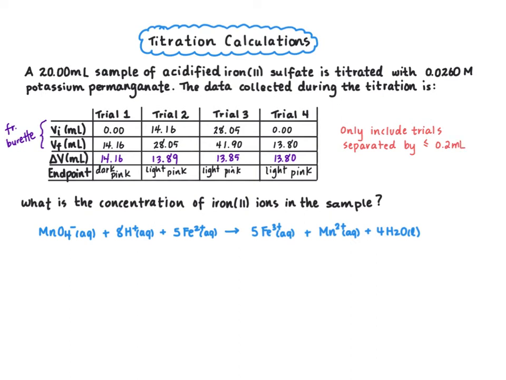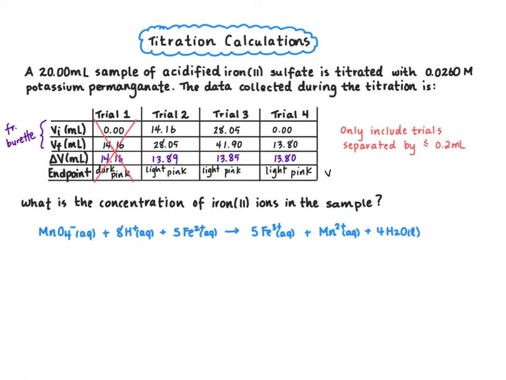So if we look at our data here, these three trials are all within 0.2. They're actually all within 0.09. This first trial, though, is outside of that range. And we can tell that it's probably not a great trial because the endpoint color is darker. So we're just going to ignore trial 1 when it comes to our analysis here. And we're going to average the volumes from the other three trials.